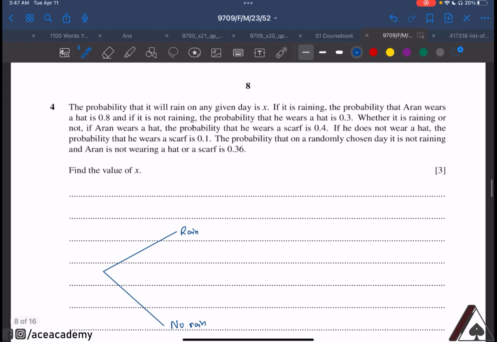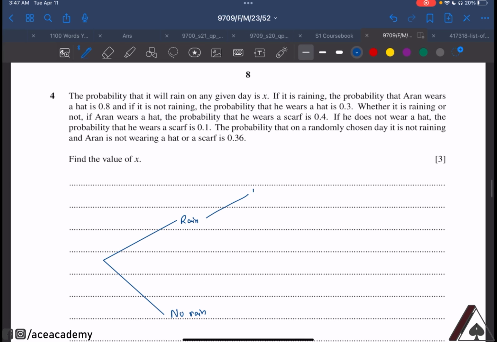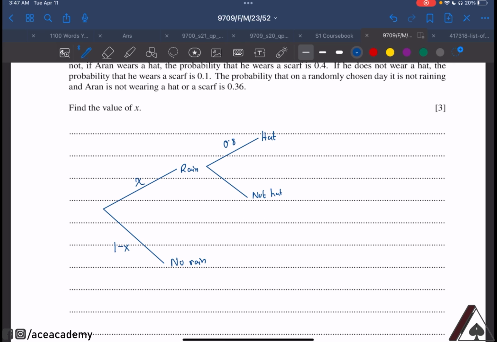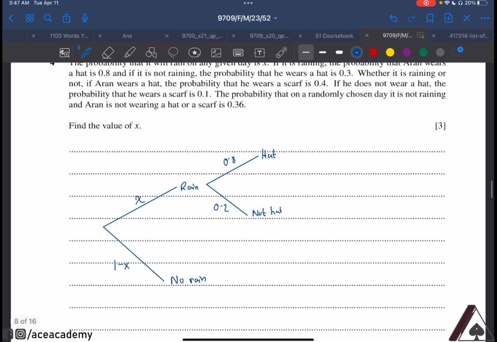If it's raining, the probability that Aaron wears a hat is 0.8. Hat, no hat. Okay, X, and then 1 minus X, 0.8, and 1 minus 0.8, which is 0.2.